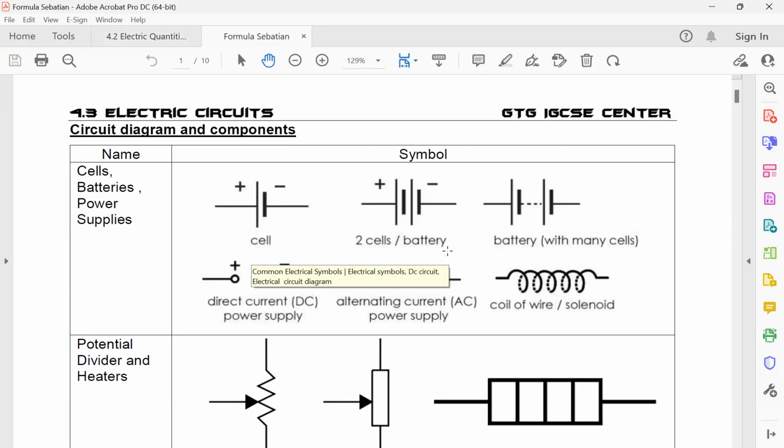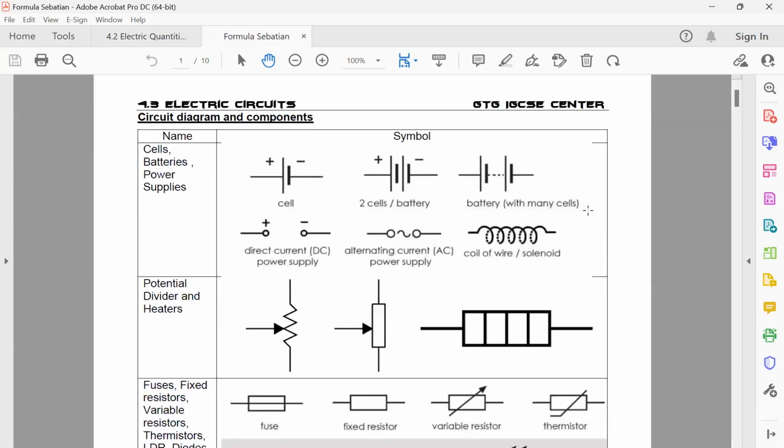If you look at this next chapter here, guys, you'll see that the first page here is basically the symbols for each and every one of the relatively more important components, right?